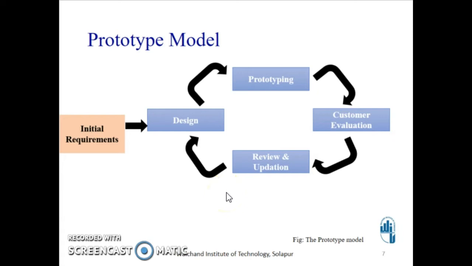The second prototype is also evaluated in the same manner as the first prototype, and the preceding steps are iterated as many times as necessary until the users are satisfied that the prototype represents the final product desired.